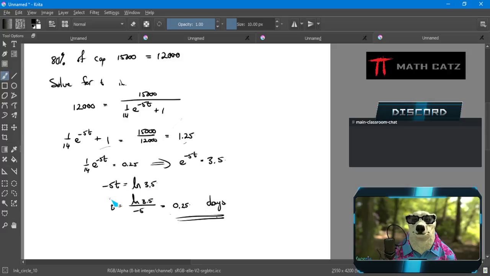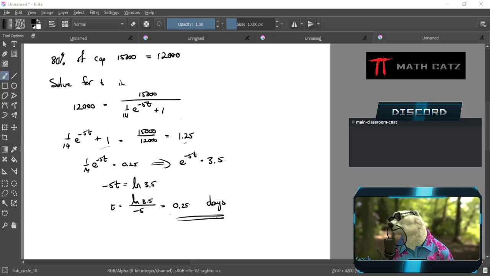Negative 5. Let's just update this to be more precise here, I suppose. Natural log of 3.5 divided by, put that in brackets as well, negative 5. I can't type a 5 apparently.